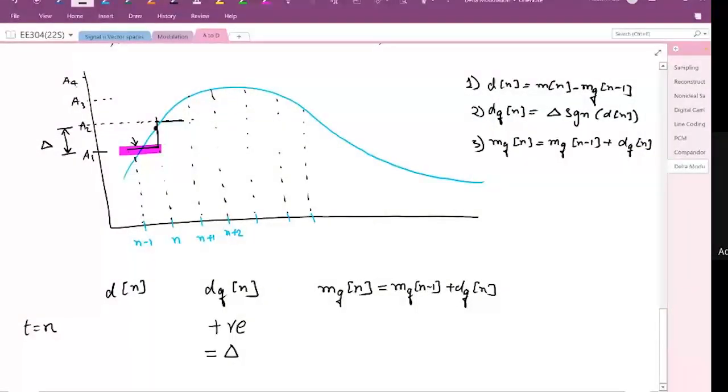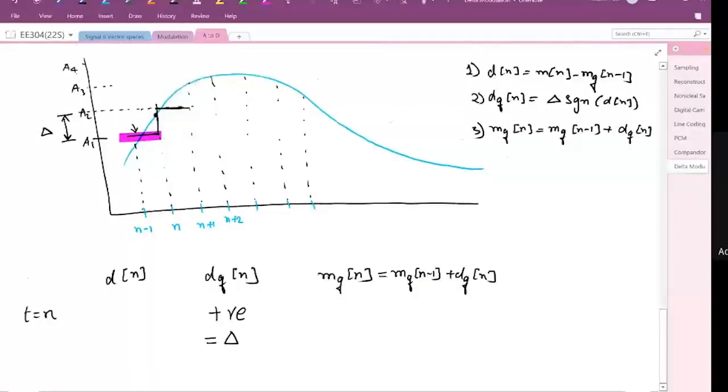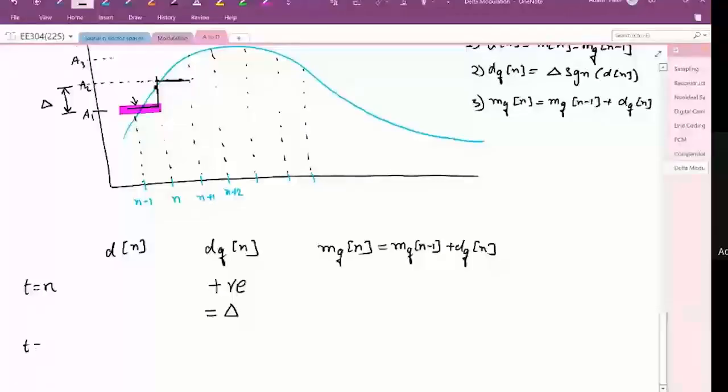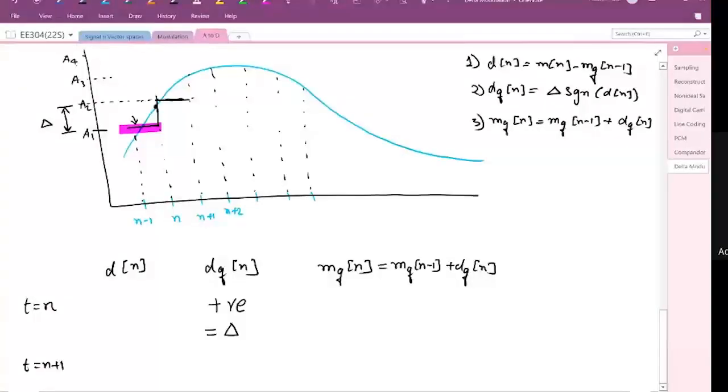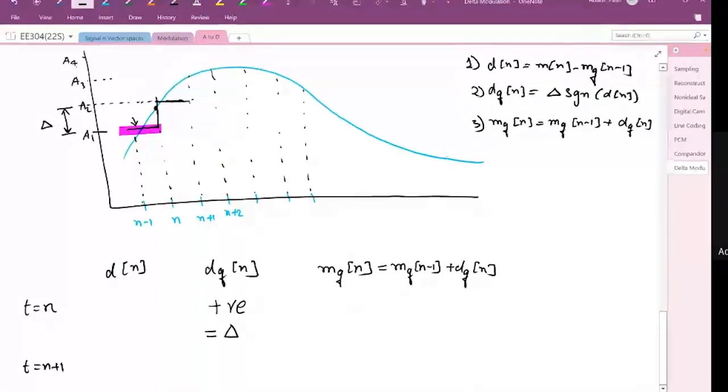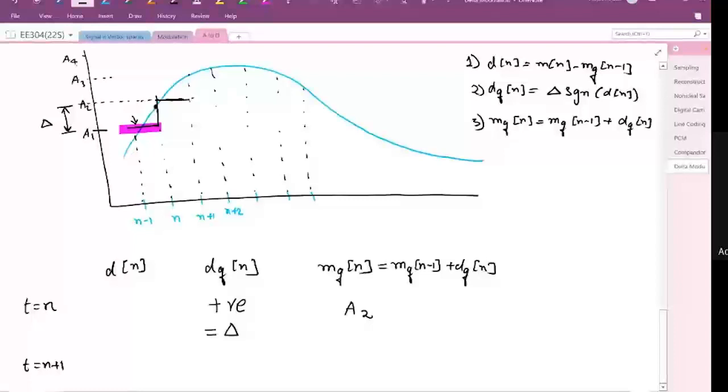So we have gone from this value to this value. Now what will happen at t equal to n plus 1? At t equal to n plus 1, mqn is positive, so the level of mqn becomes a2, and dn was the difference mn minus mqn minus 1.